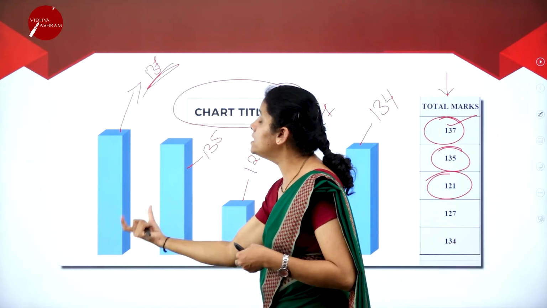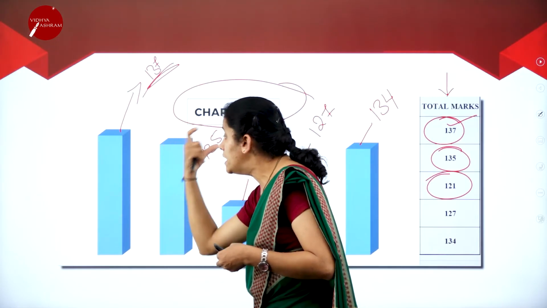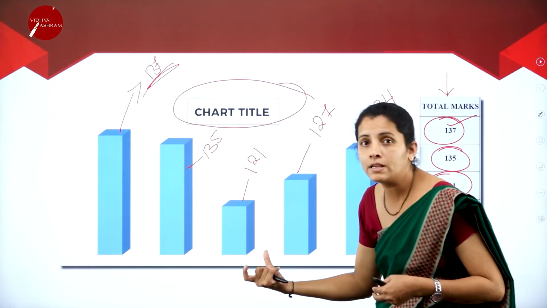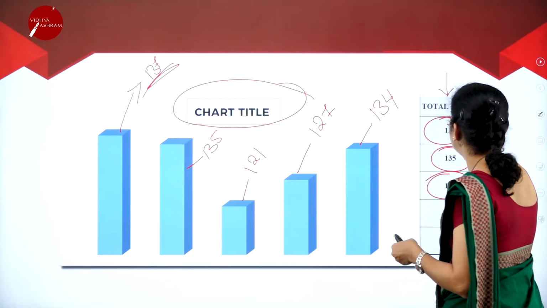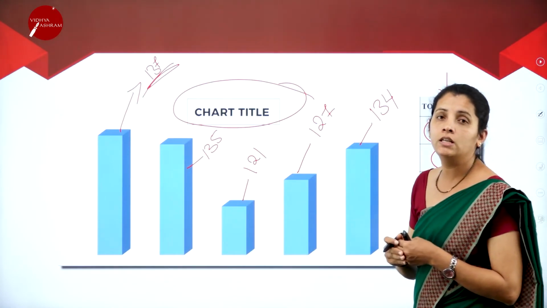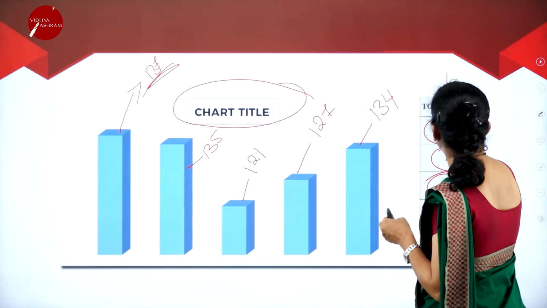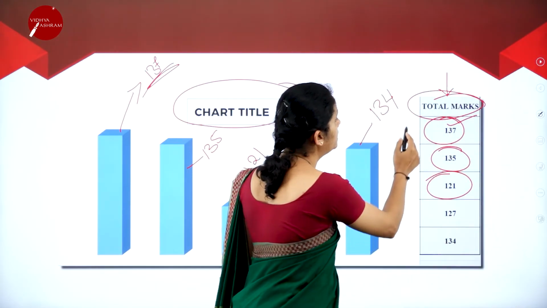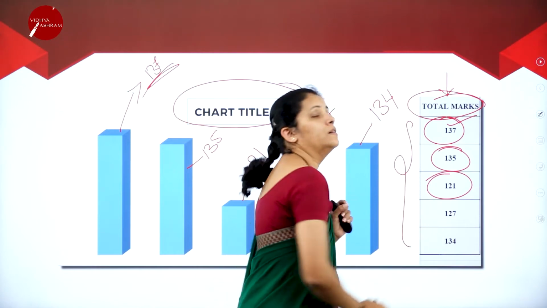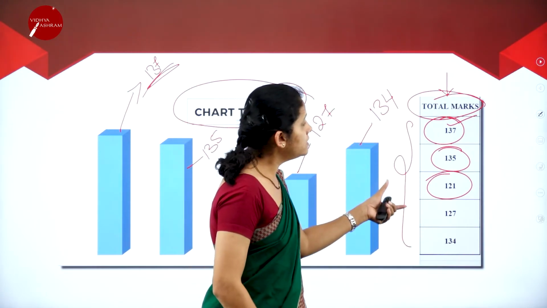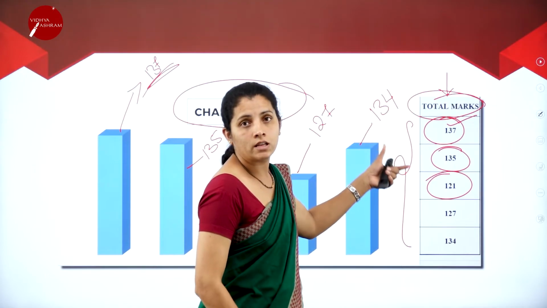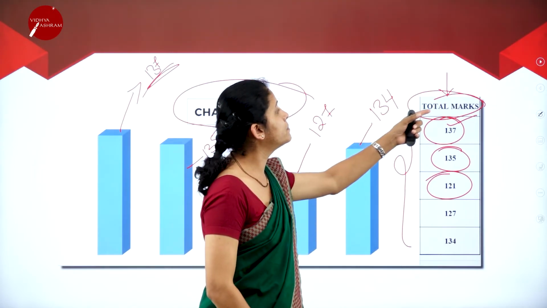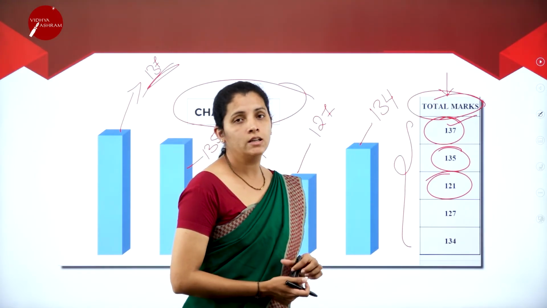Each pillar, that is nothing but each bar, is going to represent the value which is present in the total marks. Here total mark is nothing but the column name, and these are the numbers, or these are the items, or these are the values which are present in the total marks.